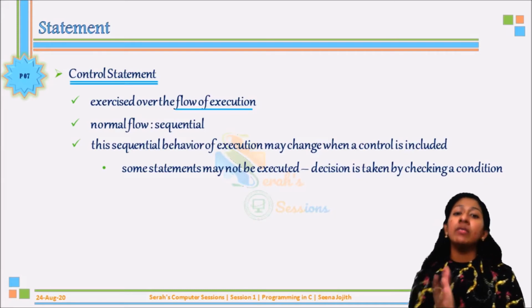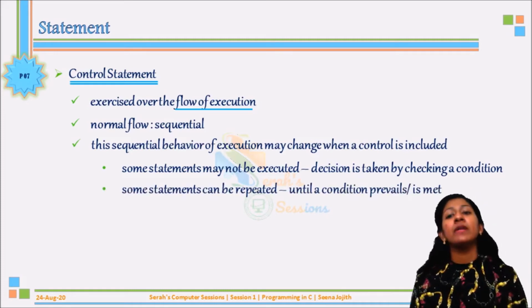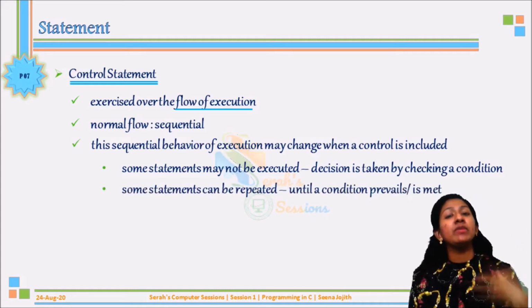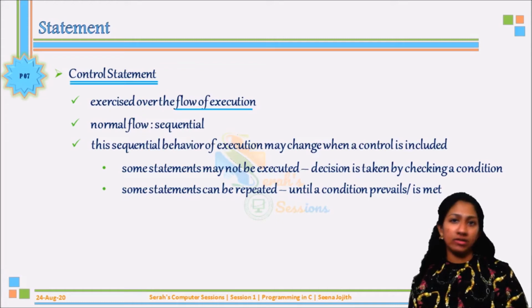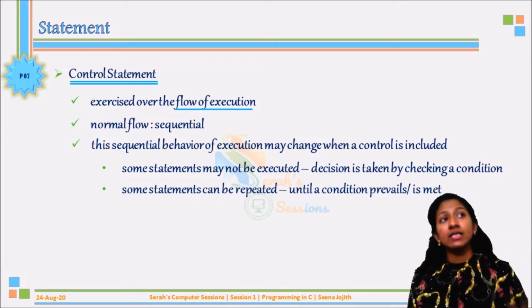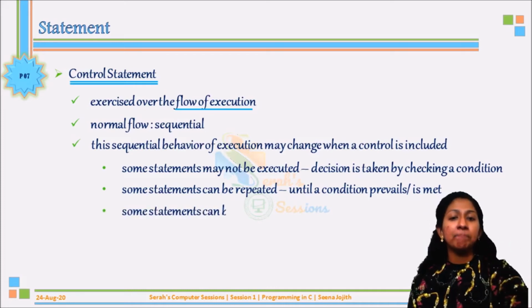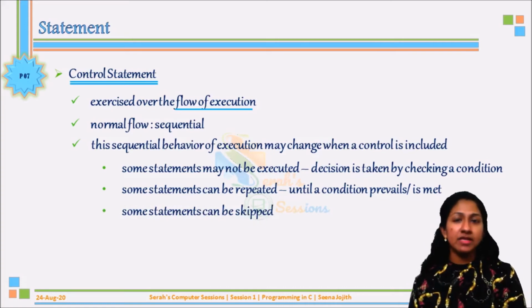So depending on the decisions, some statements may not be executed, some statements can be repeatedly executed until a certain condition is met, and some statements can be skipped.